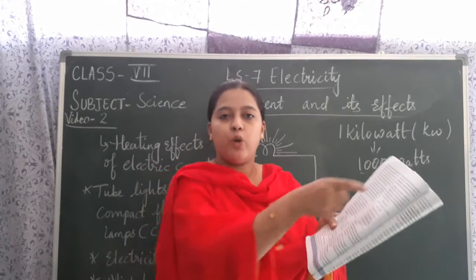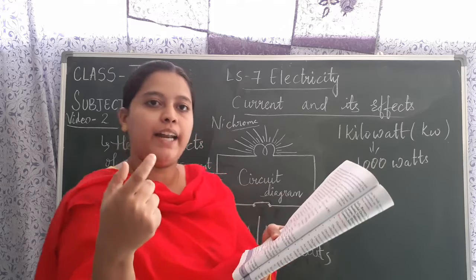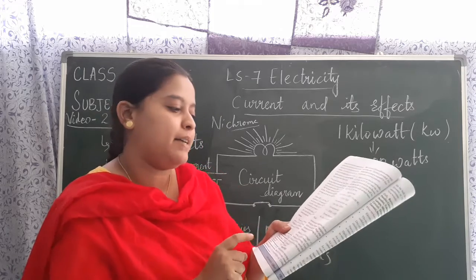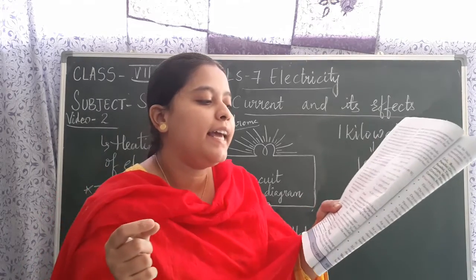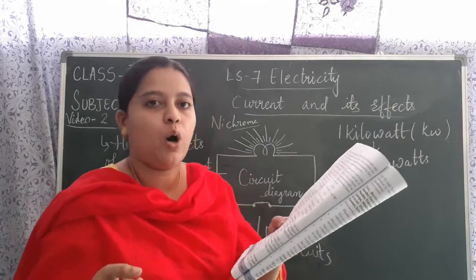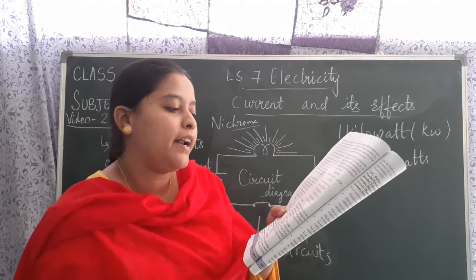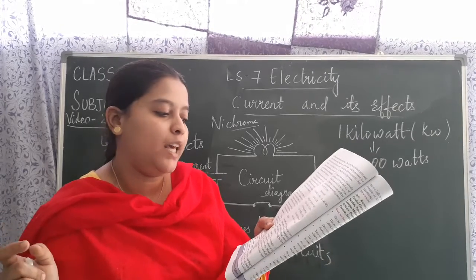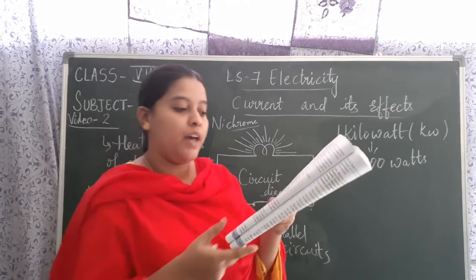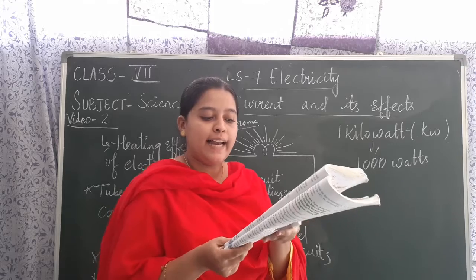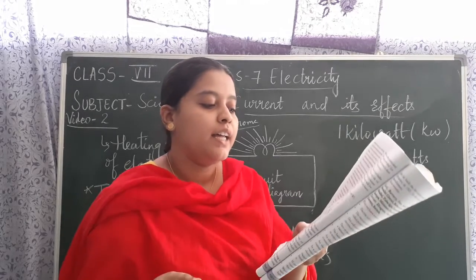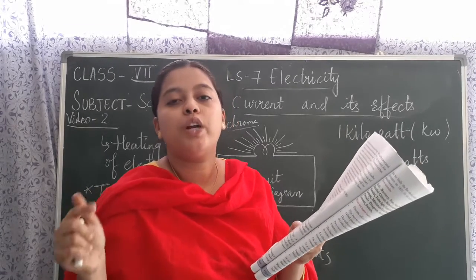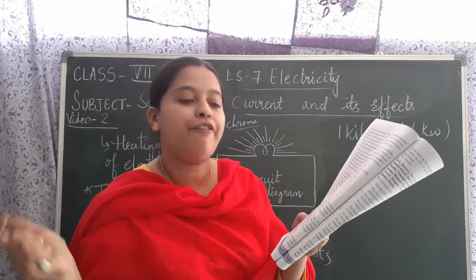Now see, there are a few exercises in the textbook, page number 70. This is an example: in Ayub's house the meter reading in January is 400 units and in February is 580 units. Calculate how much his parents would pay towards the electricity bill for February. The unit cost is rupees 3.05.